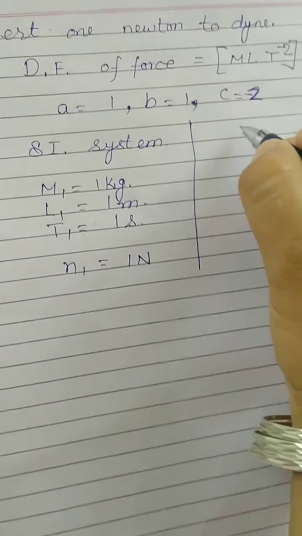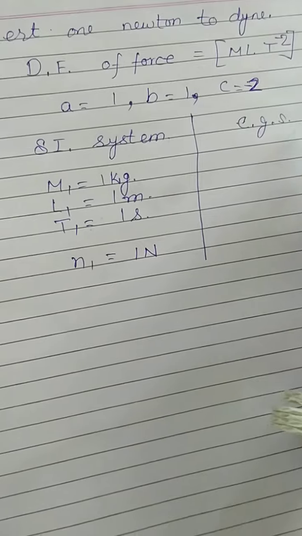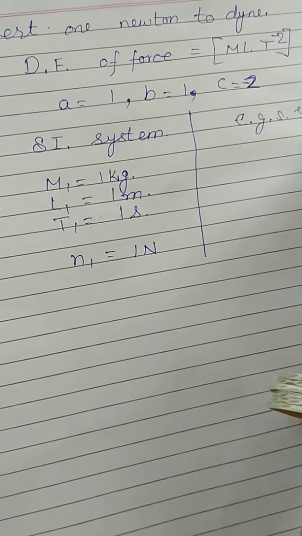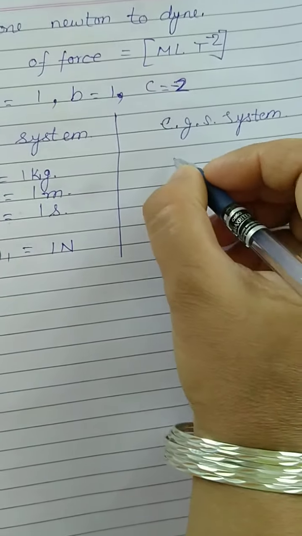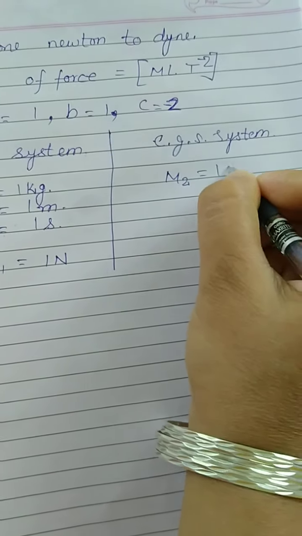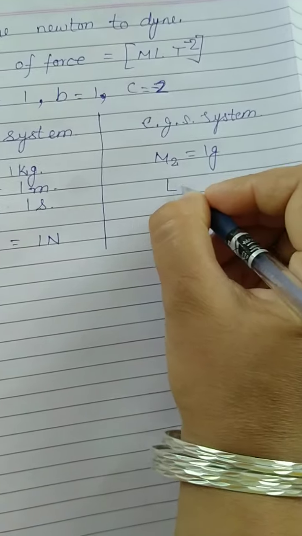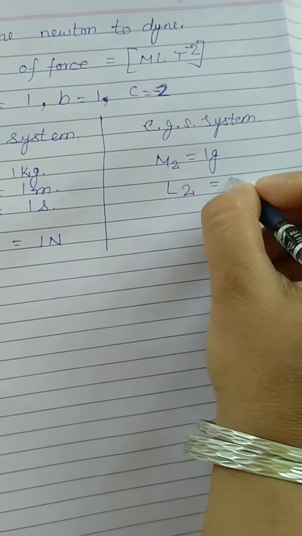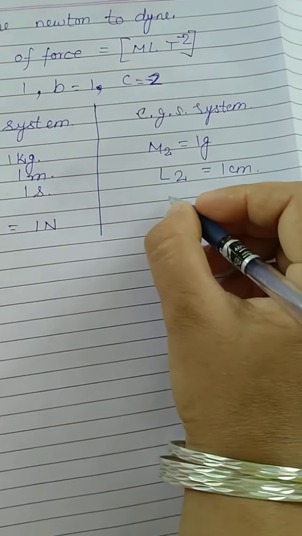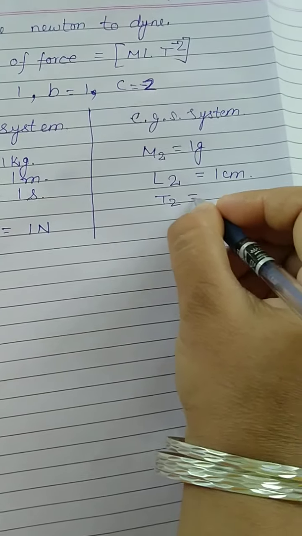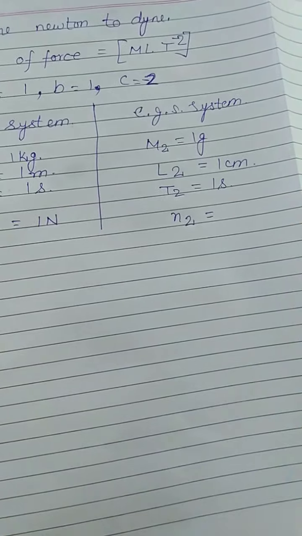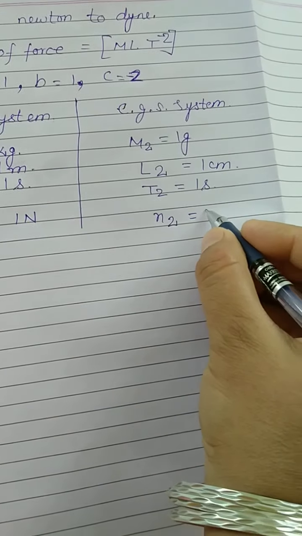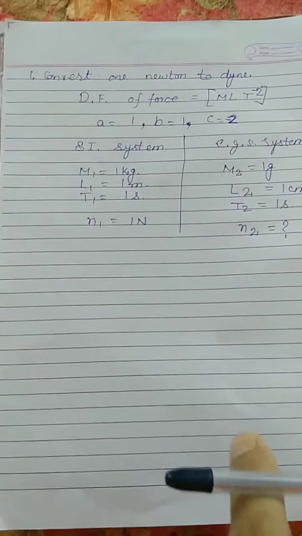Now in the CGS system, the unit of mass is gram, the unit of length is centimeter and the unit of time is second, and the numerical value in the CGS system we have to find. Clear?